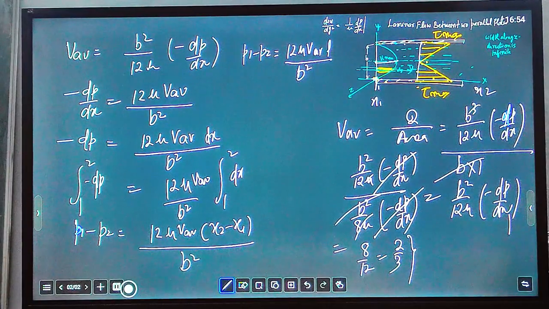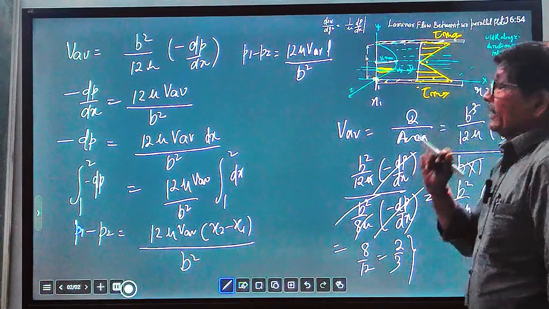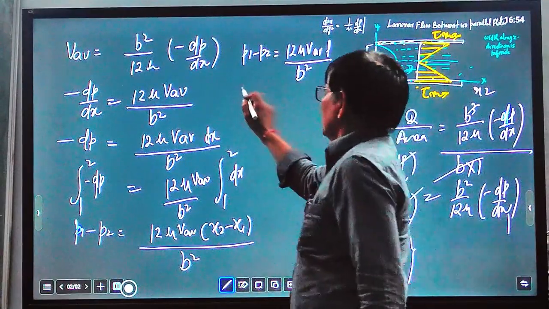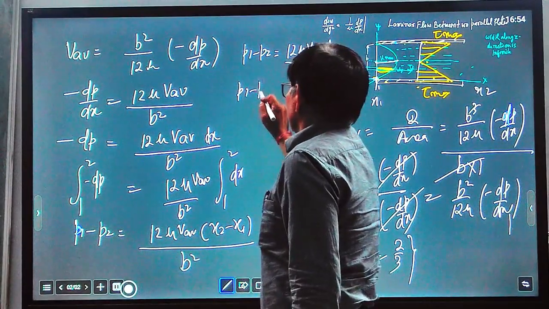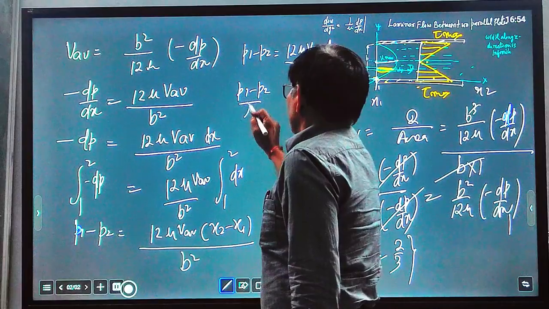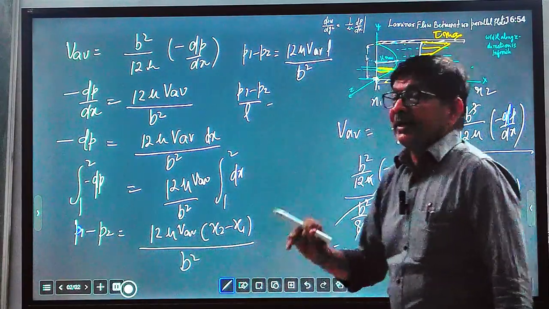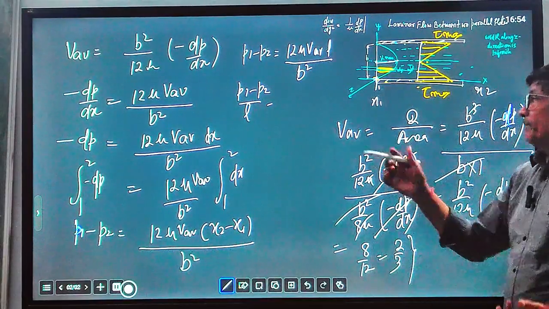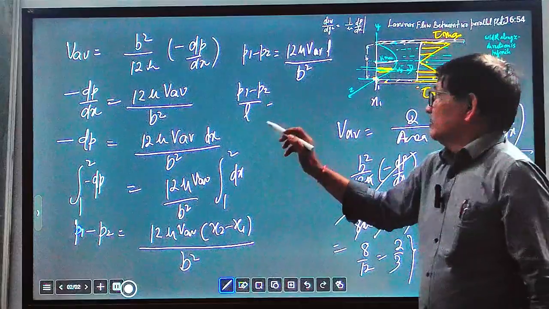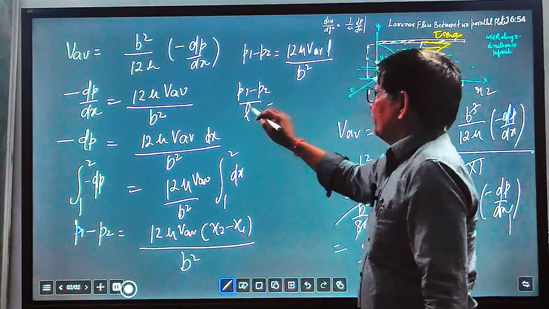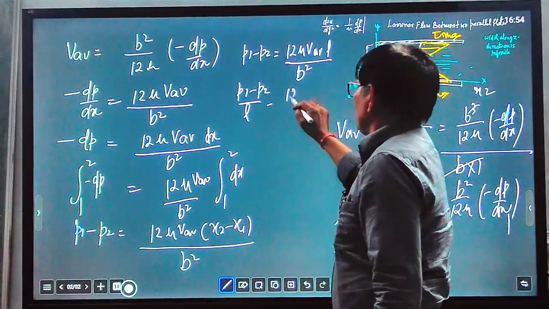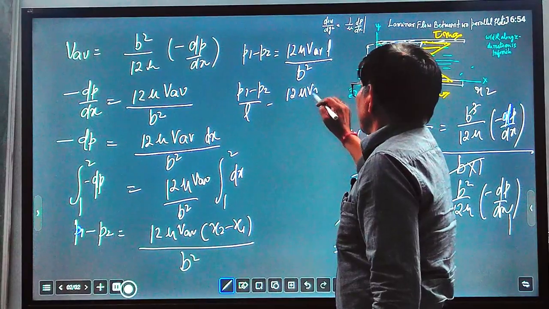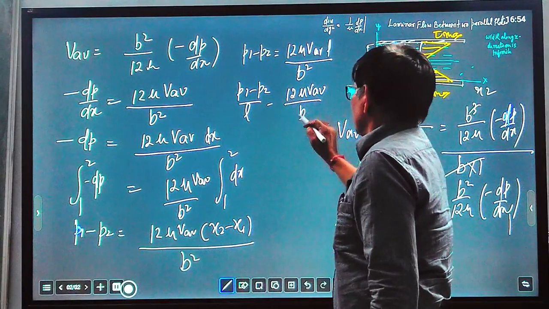We can also define this in terms of the pressure gradient: P1 minus P2 upon L, the pressure difference per unit length between 2 points, because in some questions it is given as pressure difference per meter. This is the pressure difference per meter equal to 12 mu V average upon B square.